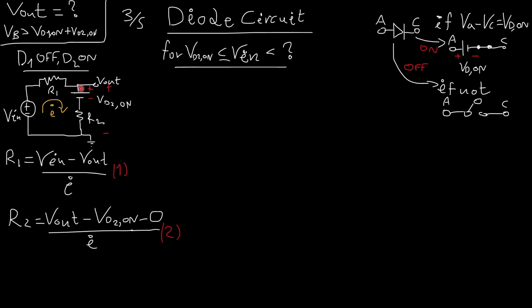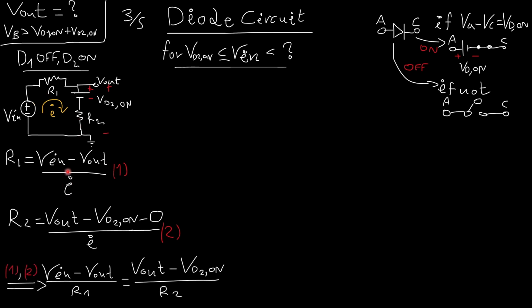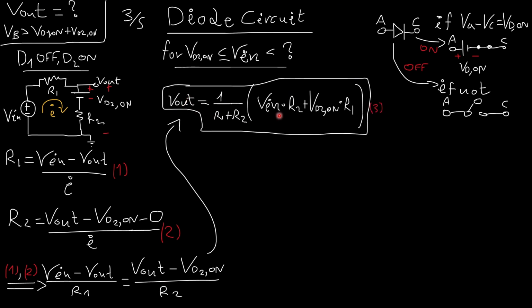We come from a positive terminal. We enter a positive battery terminal. Therefore, we have Vout minus VD2 on minus the voltage here, which is 0, over the total current I. And since this current is the same as this current, I can say that this is equal to this. And if I do the algebra, I get a relationship between the output and the input. This contains resistance values here, some type of resistance divider perhaps, alright, VD2 on and Vin.